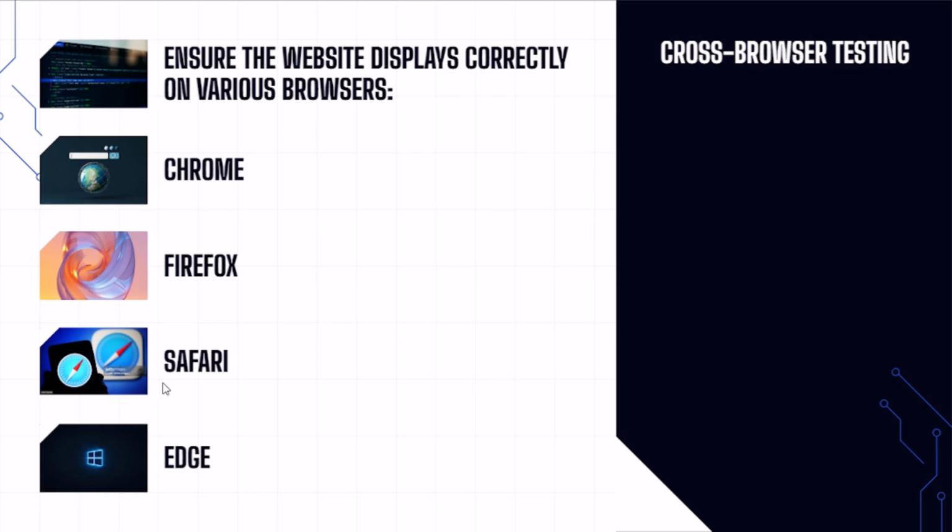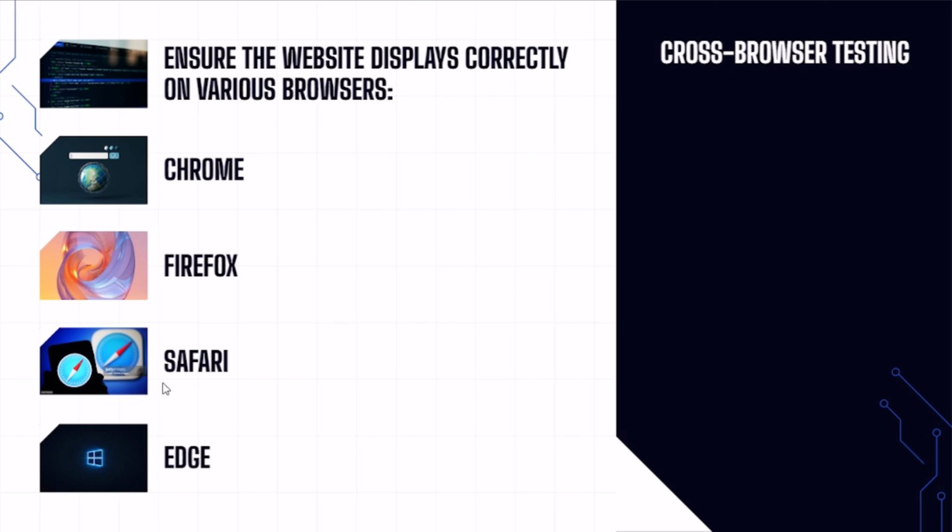While there are a lot of browsers that users can use to access the internet, the most popular ones are, number one, Chrome, which is made by Google. Then we also have Firefox, and there is also Safari from Apple. Then there is also Edge from Microsoft. It is very important that you test your website across these browsers.